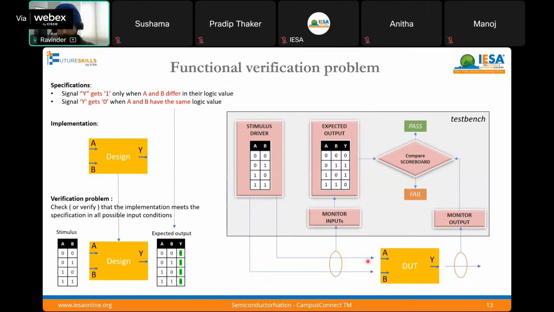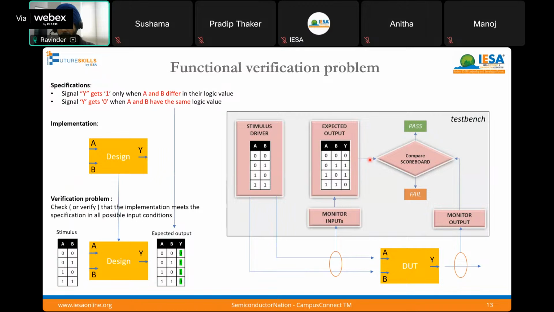Then it has monitors placed at the input and at the output, which continuously monitor the inputs and outputs. It also has an expected output generator from the spec. The verification engineer knows the spec, so they can code the expected output in the test bench. If we monitor the stimuli, for each stimulus we now know the expected output.